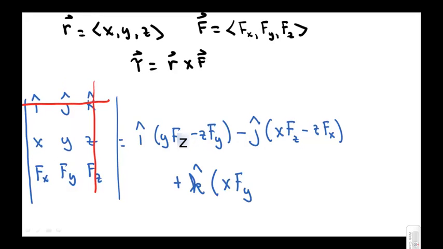Finally, we do the z component of the torque. Cross out the row and column that intersect with k hat, the unit vector for z, as shown. Then take the determinant of the remaining 2 by 2 matrix, which is x times F sub y minus y times F sub x.